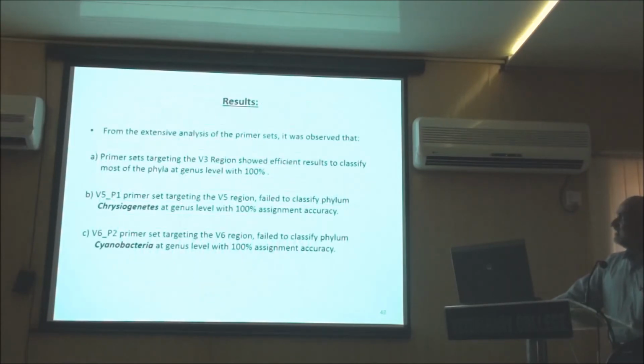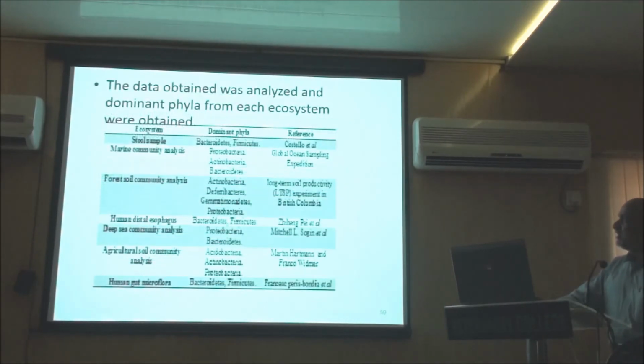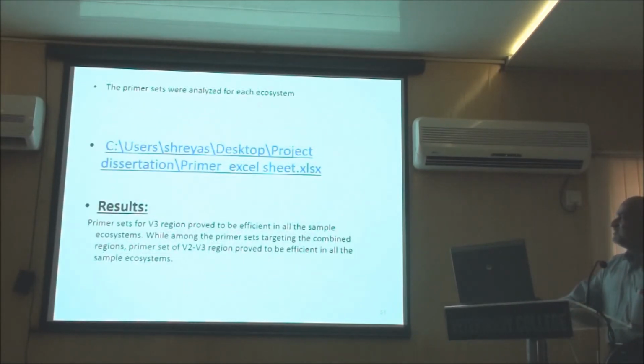chrysogenetes. And then we also looked at the same data set we used for these ecosystems which were reported in the literature, and we tried to address the question of how well it performs with these ecosystems, and again we came to the conclusion that V3 proved to be efficient.